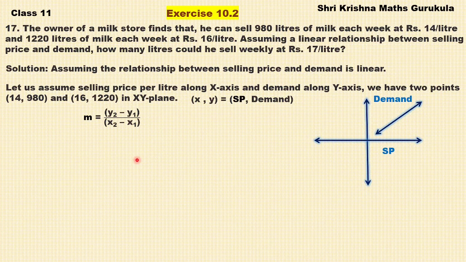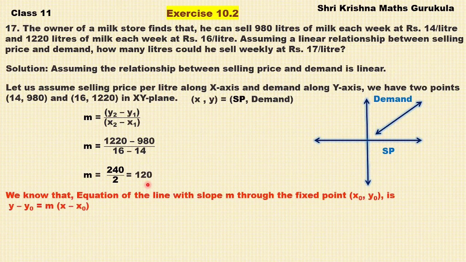But now I am choosing to find the equation of the line and find the demand of the milk. So now the slope will be (1220 minus 980) divided by (16 minus 14). On simplifying, we get the slope to be 120. Now when we know a particular point on the line and the slope of the line, we can always find the equation of the line, which is y minus y0 is equal to m into (x minus x0). The slope we have found.